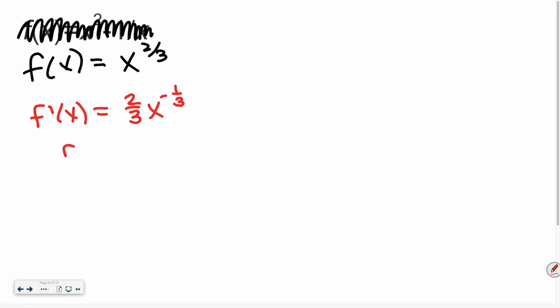Well, we like to write this as 2/3 over x to the 1/3 so we can determine where the derivative is 0 or undefined. Is this derivative 0 anywhere? It is not. However, is it undefined? Yes. It is undefined when x equals 0.